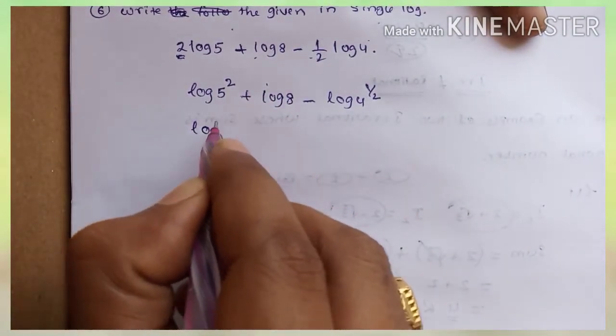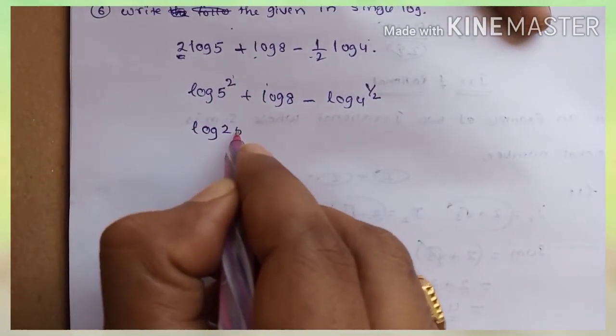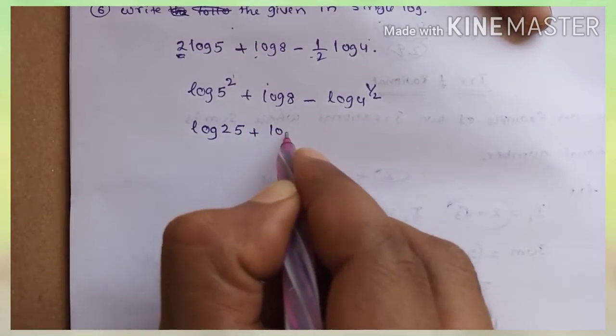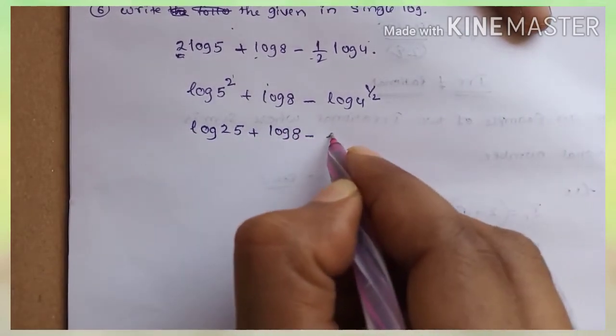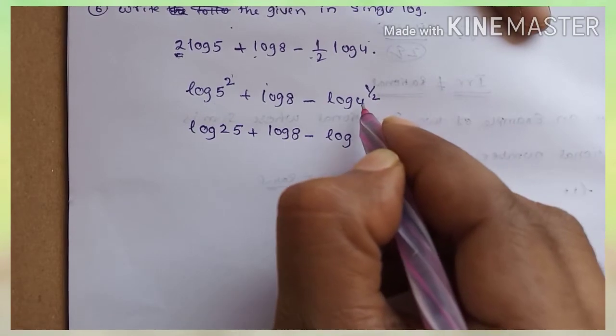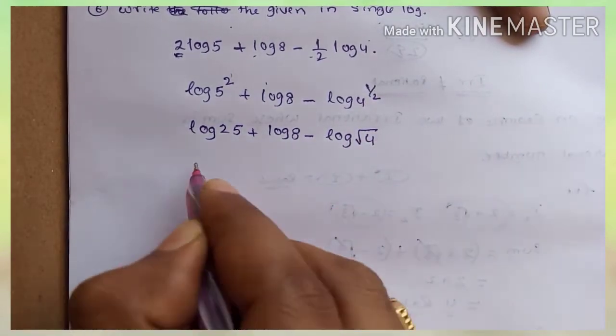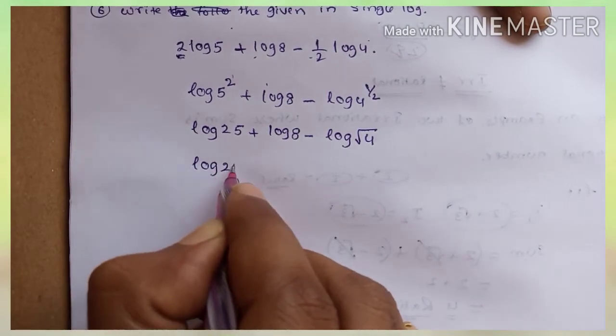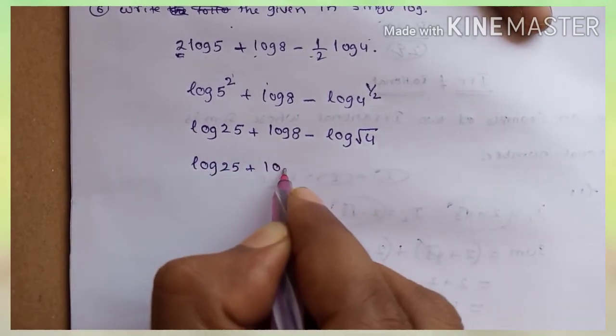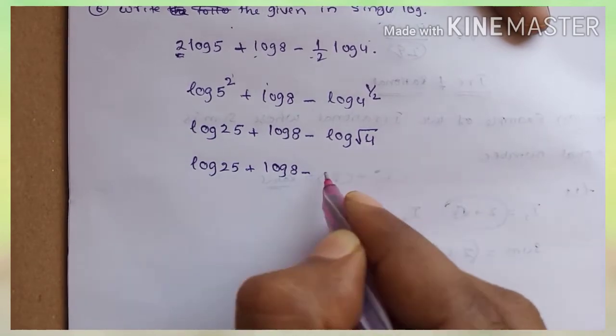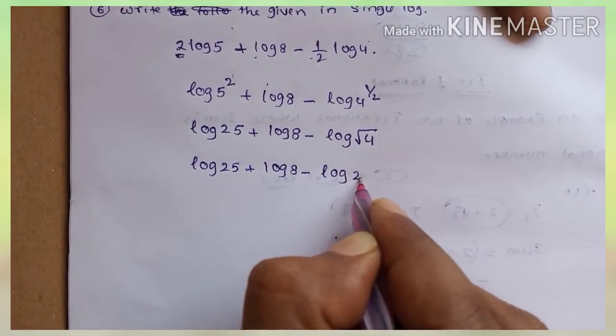So logarithm of 5 square, value 25, plus the second value log 8 with no change, and the third one, log 4 power 1 by 2, we can write as root 4. So log 25 plus log 8 minus log root 4, you can write as 2.